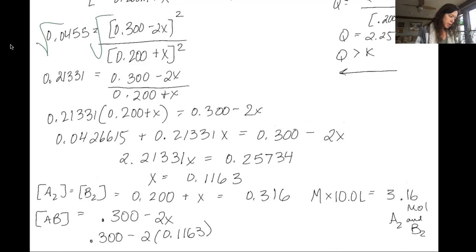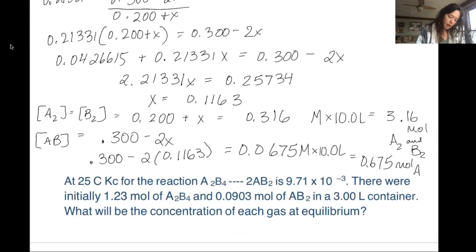And that's going to give us 0.0675 concentration times 10.0 liters equals 0.675 moles of AB at equilibrium.